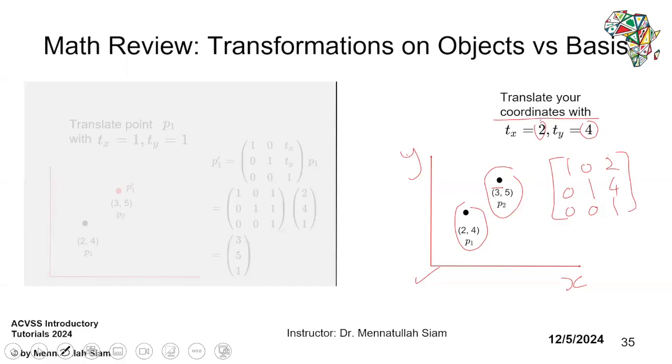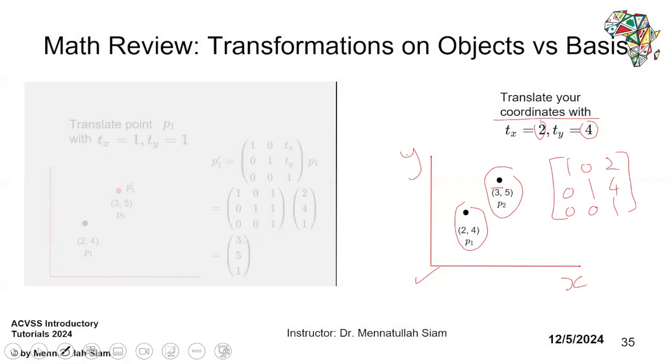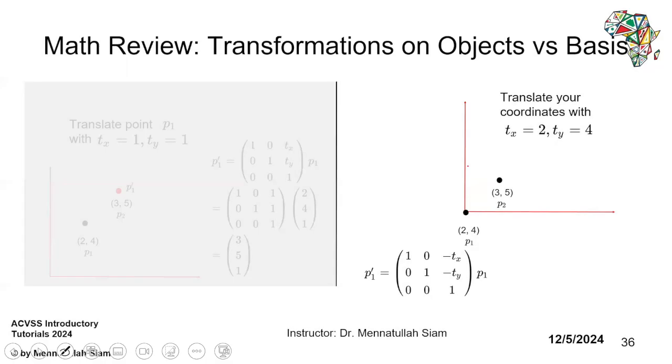So let's say here, you see, I transformed it with 2 and 4. Originally the origin was at this point, and I wanted to translate it so that it goes to 2, 4. So now the new coordinate system should start at 2, 4. In this case, what will happen to this point and this point?